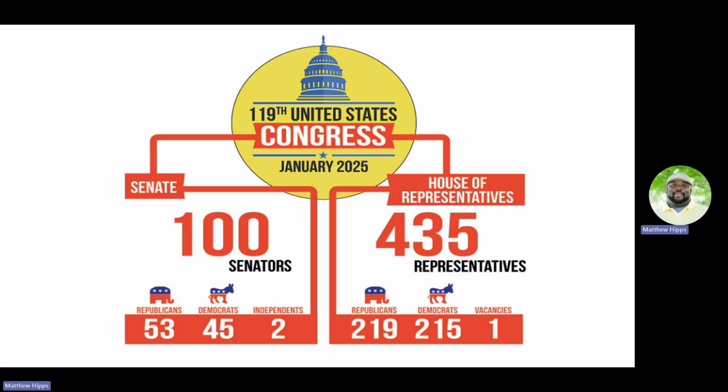Now, to be clear, that does not mean that Democrats don't influence the process, but it does mean that in the current configuration of Congress, Republicans have almost all of the lawmaking power. So they can suggest laws, they can push laws through without a single Democratic vote and have them make it to the president's desk. And the opposite would be true if Democrats controlled the House of Representatives and the Senate.